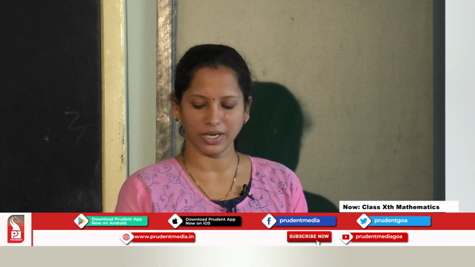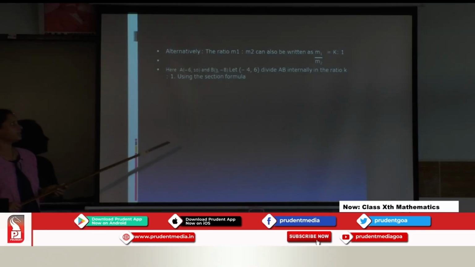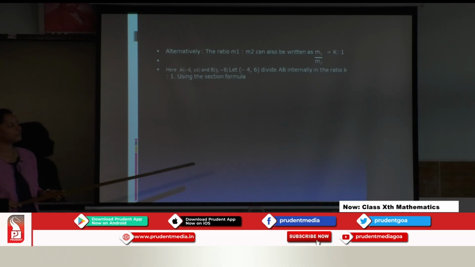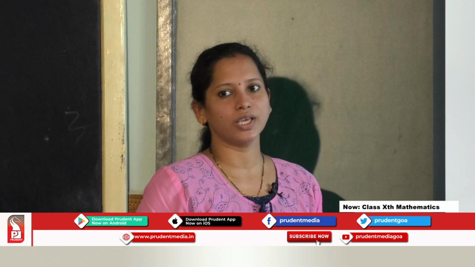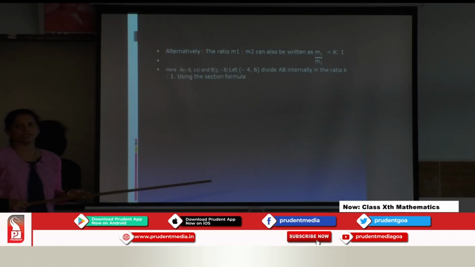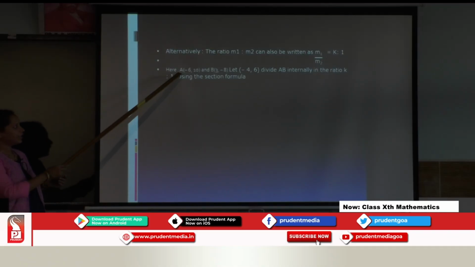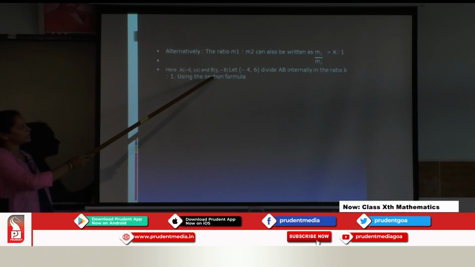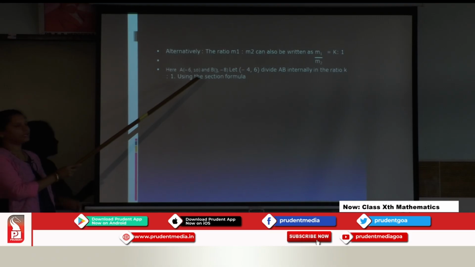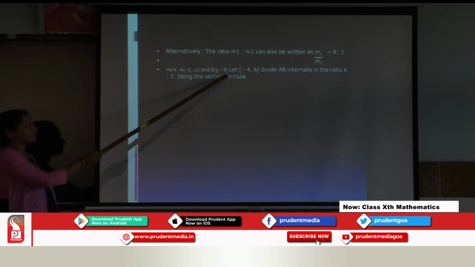So 2 upon 7, that is M1 upon M2, is the required ratio. Alternatively, we can also solve by writing M1 upon M2 as k is to 1. Instead of M1 upon M2, we can also take it as k is to 1. Here A(-6, 10) and B(3, -8).